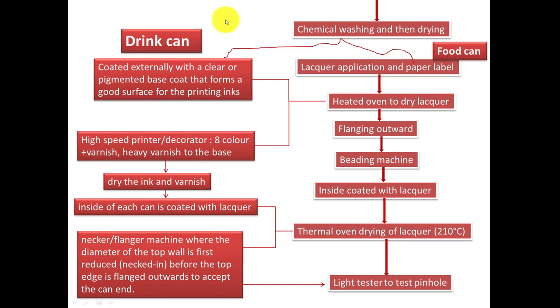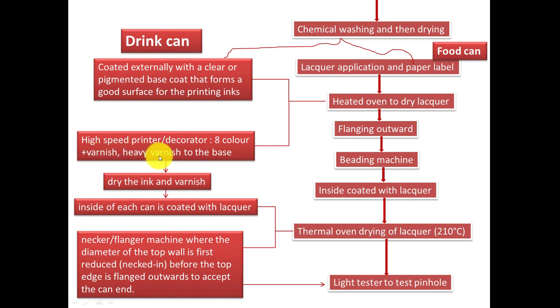So in case of drink can, it is coated externally with a clear pigmented base coat that forms a good surface for printing inks. Fine. After that, it is heated in the oven, and after heating, a high-speed printer or decorator applies around 8 colors plus varnish.